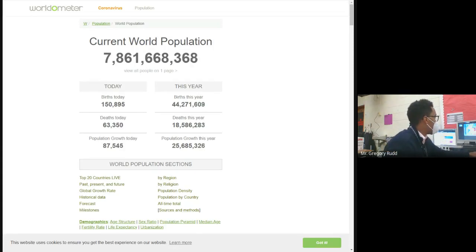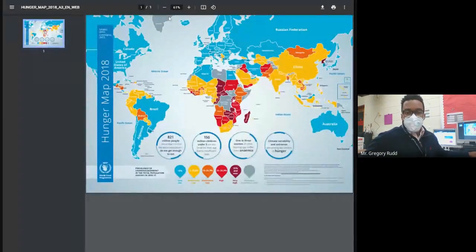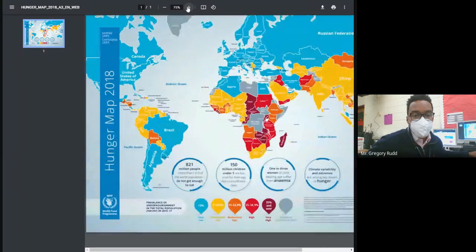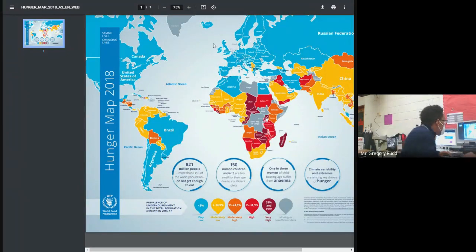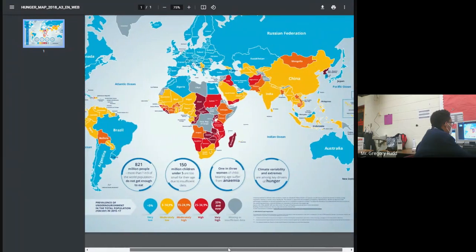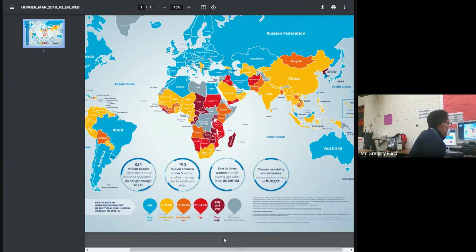This was something I meant to show you all earlier. But we mentioned that food is a limited resource, and it truly is. This is the hunger map from 2018. It's showing where a lot of the biggest problems with famine are today. So this is showing the percentage of undernourishment for the total population.